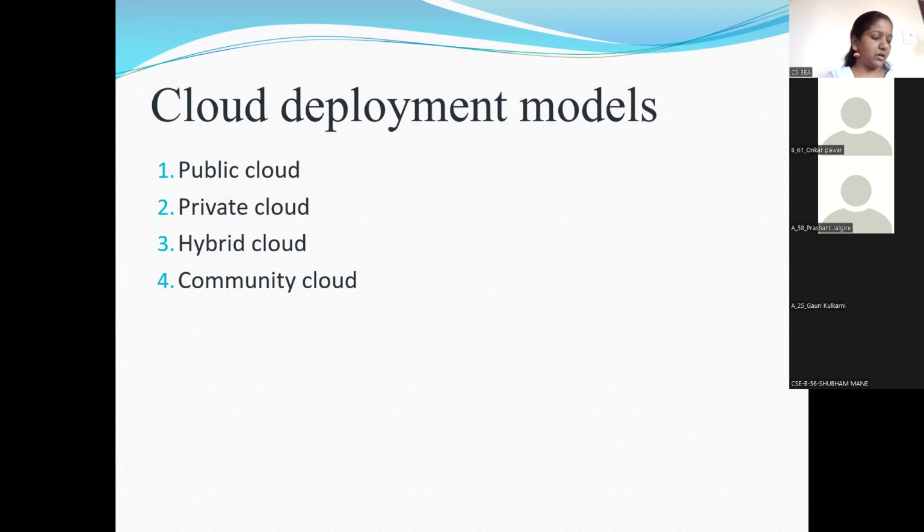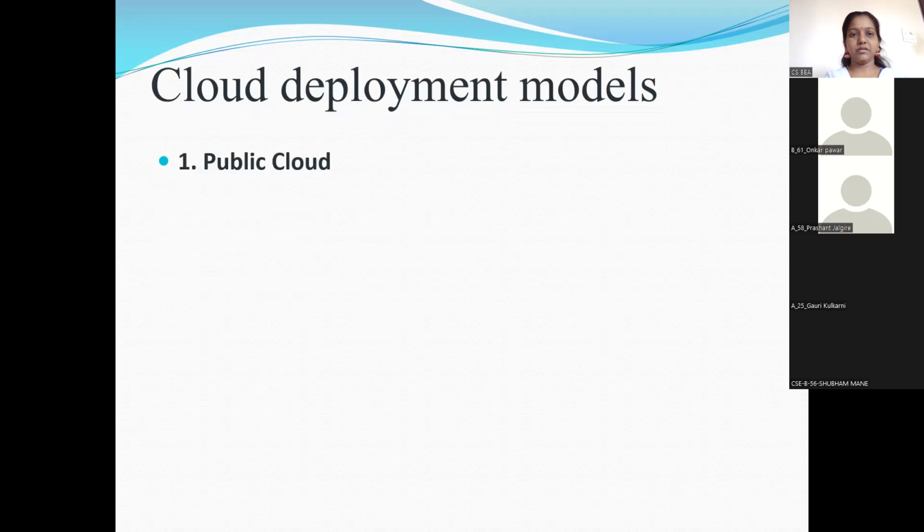The types we are going to see are public cloud, private cloud, hybrid cloud, and community cloud. These are there in our syllabus.